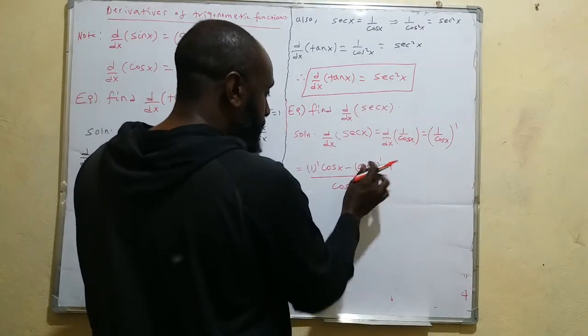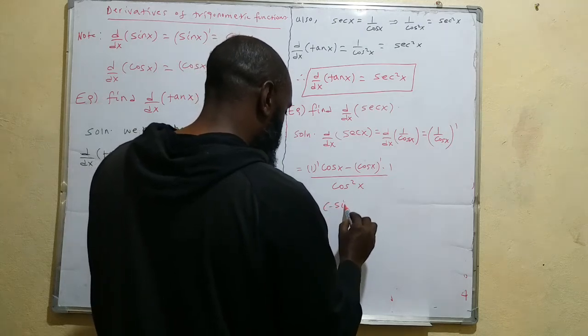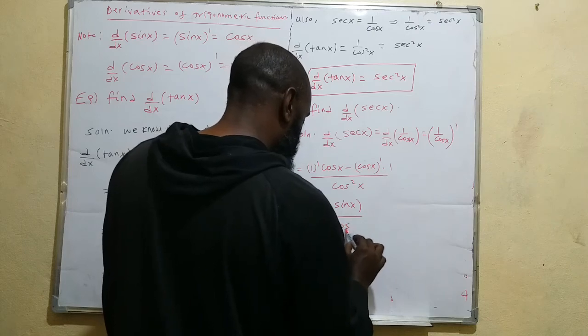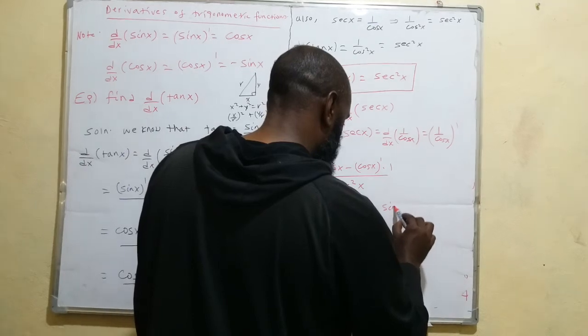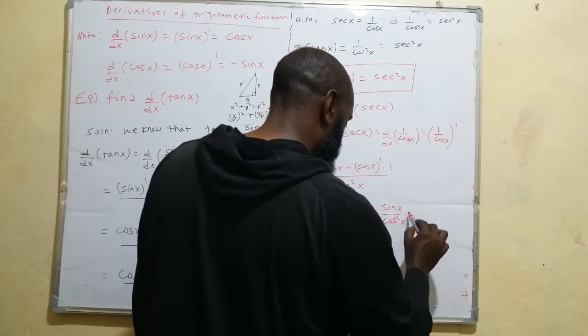And what's the derivative of cos x? The derivative of cos x is minus sin x, over cos square x. This is equal to sin x over cos square x.